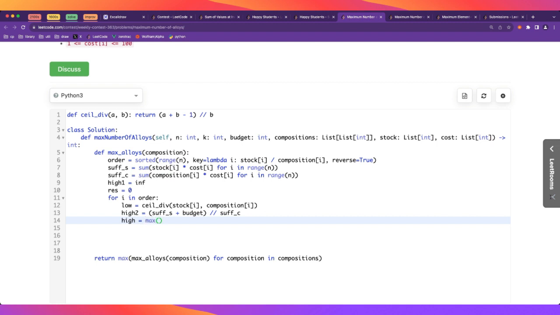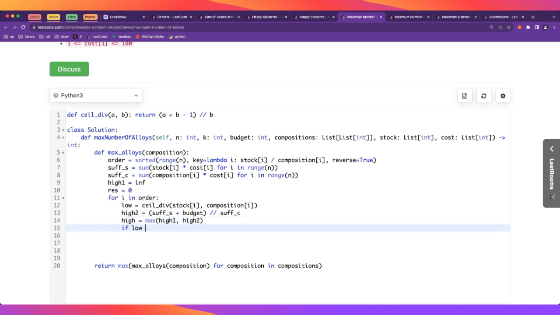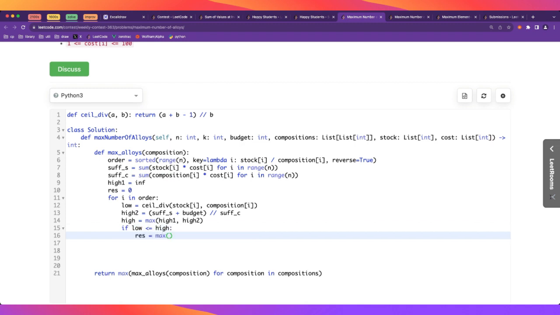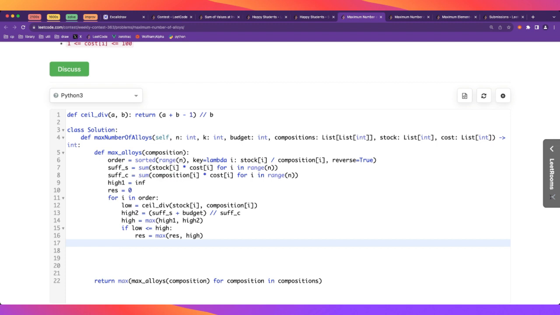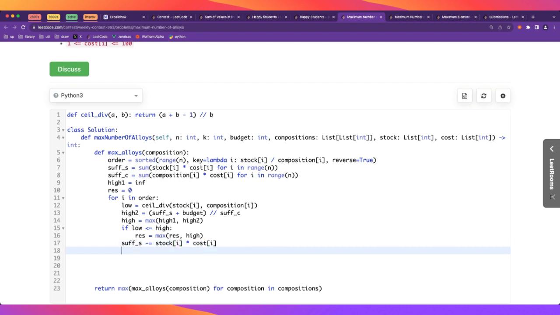So the high upper bound is going to be the minimum of the two upper bounds, and we want to know if it is consistent, if there is anything inside the bound, and in that case we will update the result, and here we want to update the suffixes. We want to subtract what we added.